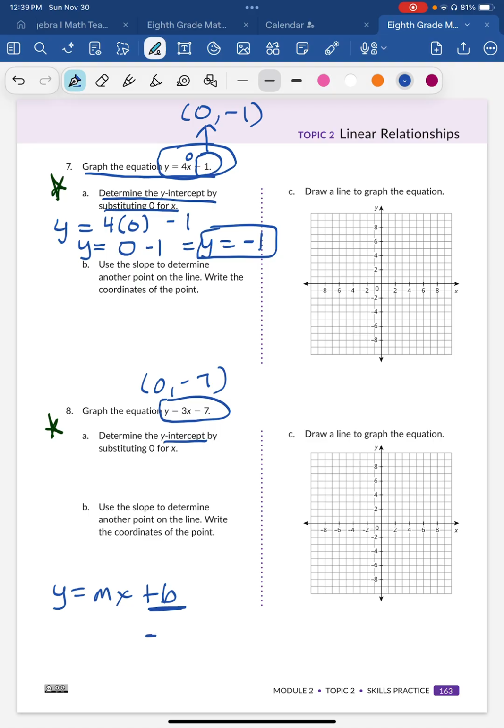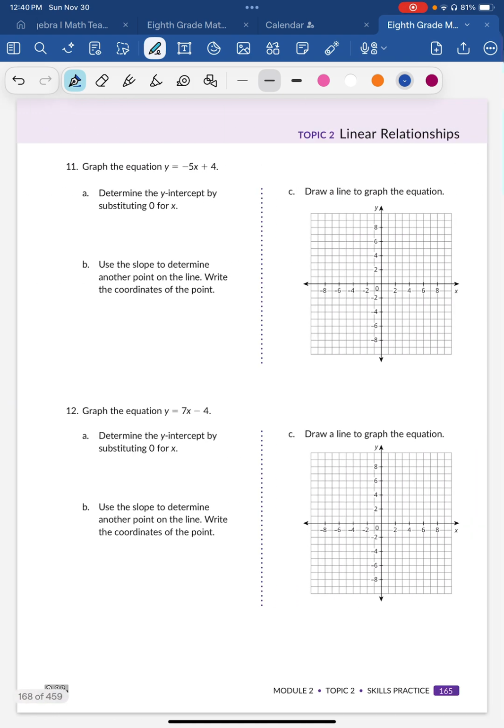If it's a minus, then it would be a negative. If it's plus, it would be a positive. And then our x coordinate would always be 0. And then whatever b is in our equation is going to be the y-intercept.